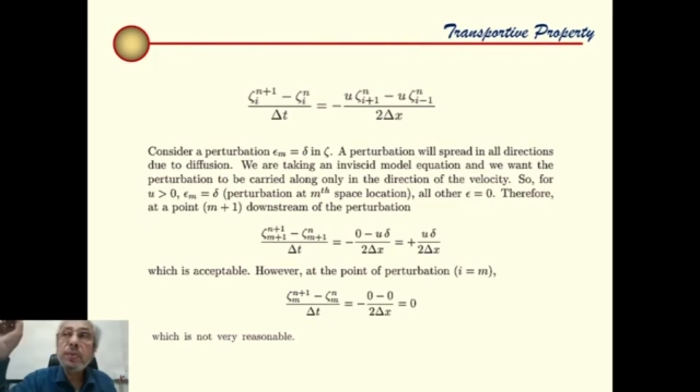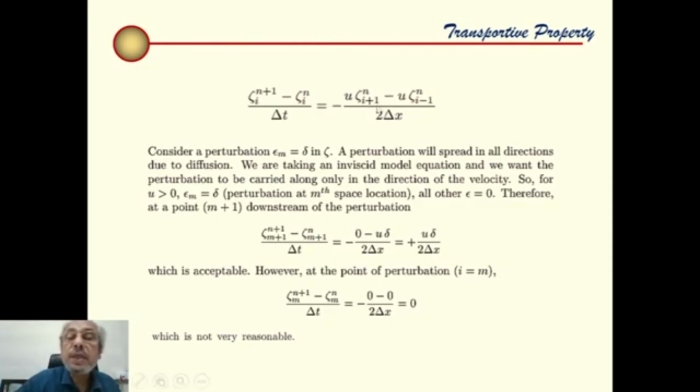Or if you throw a stone in still water in a small pond, you will see ripples going with the same speed in all directions, and this is a very natural way of describing diffusion. So if we give a perturbation, diffusion will propagate in all directions.